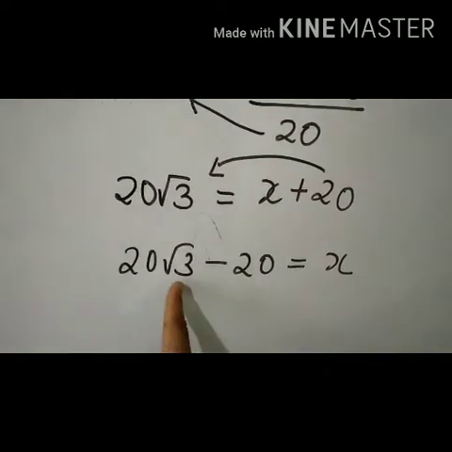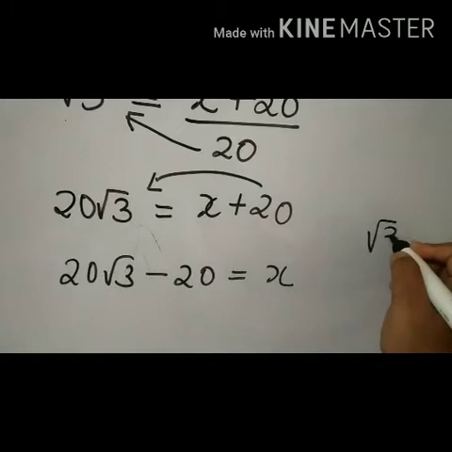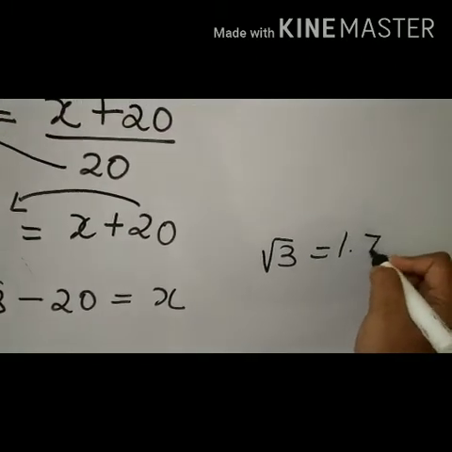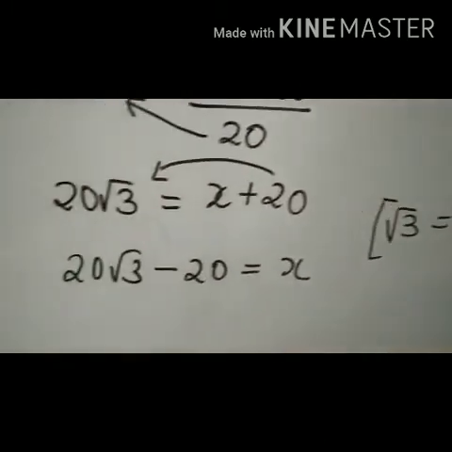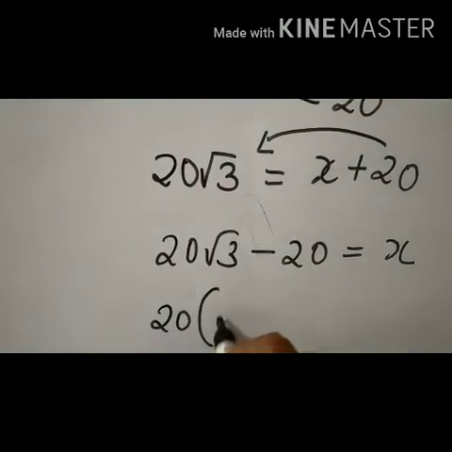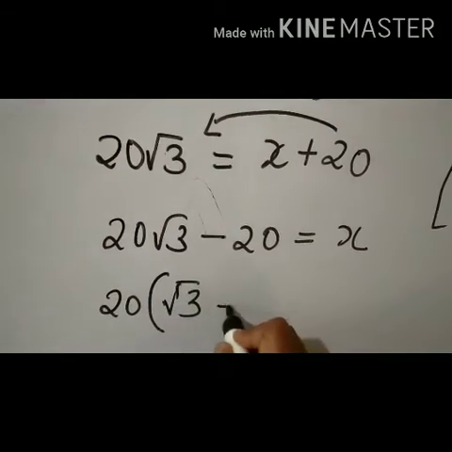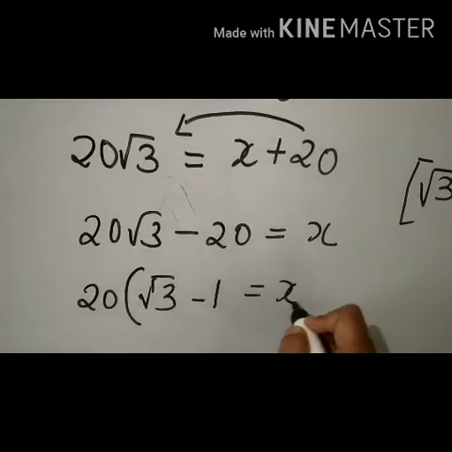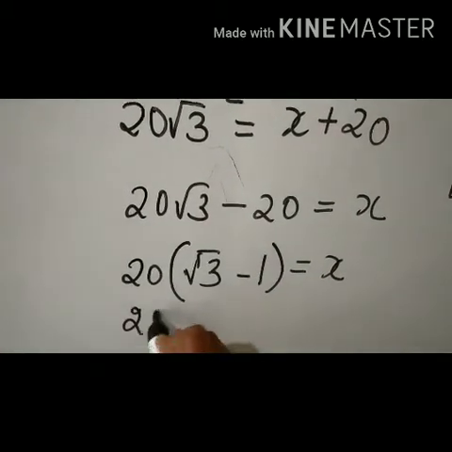What we can do is either you substitute the value of root 3 here, that is root 3 is equal to 1.732, or we can also take 20 common, and what remains in the bracket, root 3 minus 1 is equal to x.